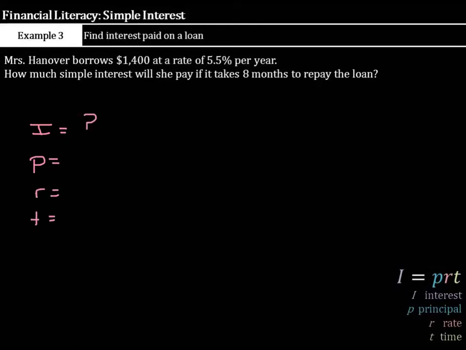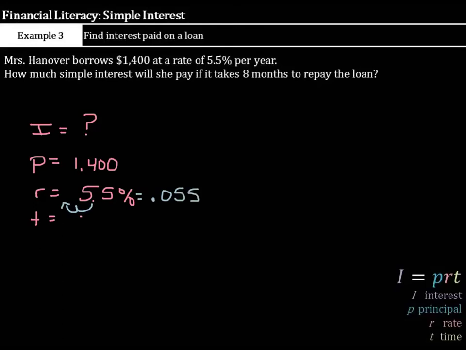We're once again looking for simple interest. The principal is not only the money you can put into the bank, but the money you can borrow, so it's $1,400. Our rate, 5.5%. Get that as a decimal by moving the decimal place over 2 spots to the left to get 0.055.